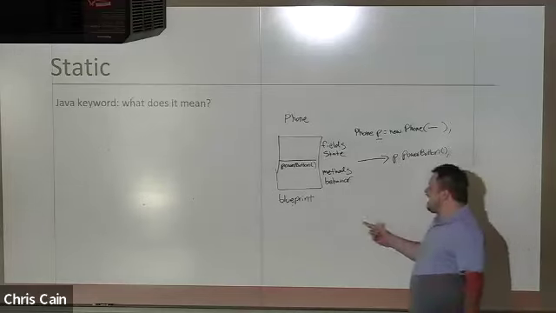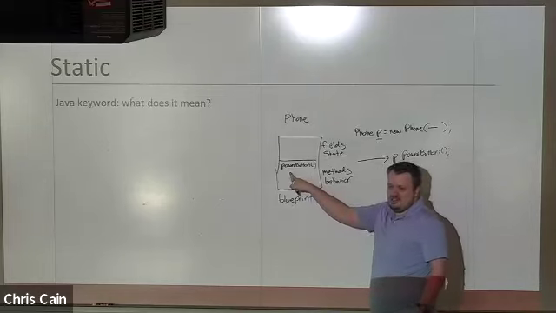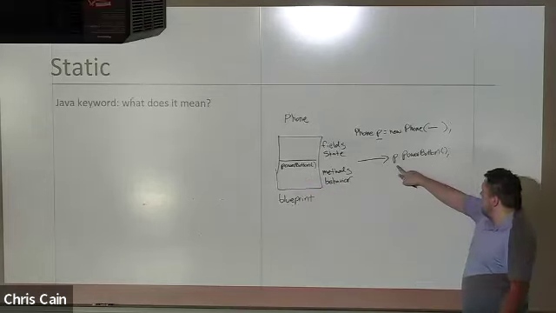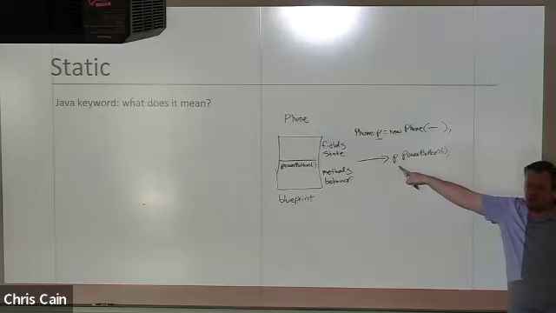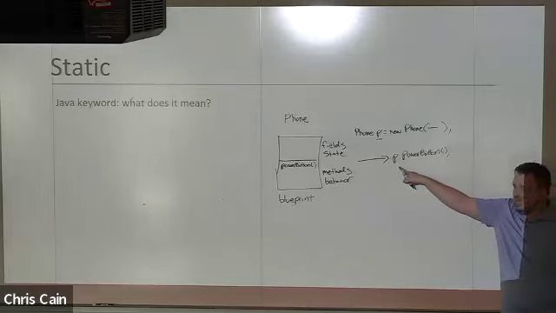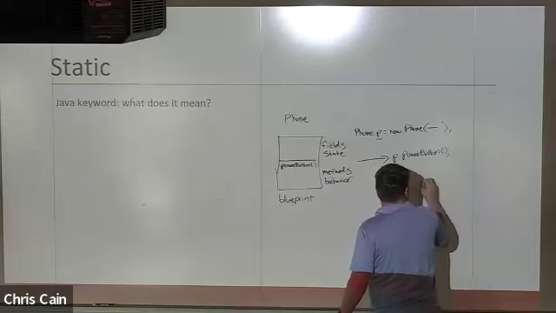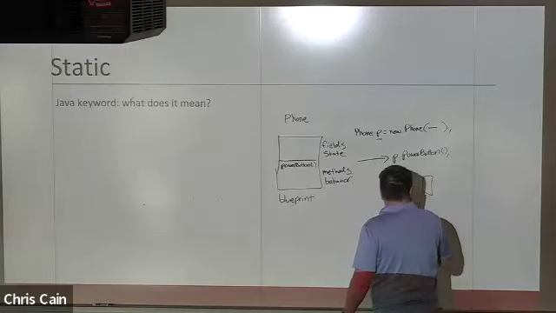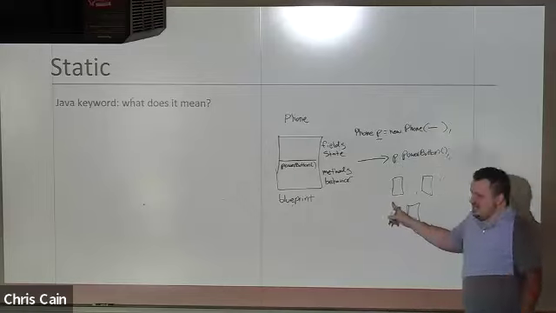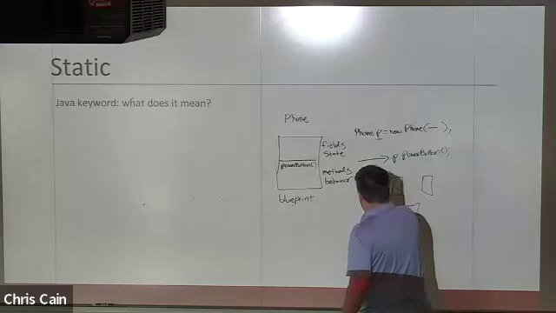So if we had a static method here, that would be saying that you can't call it on a particular object. And that all phones, some phone out here, some phone out here, some phone out here, all of that is defined by a single piece of logic.